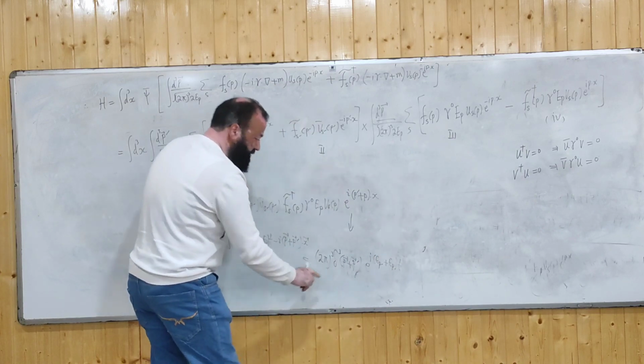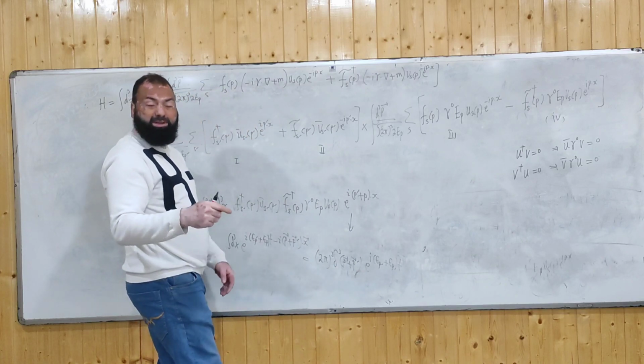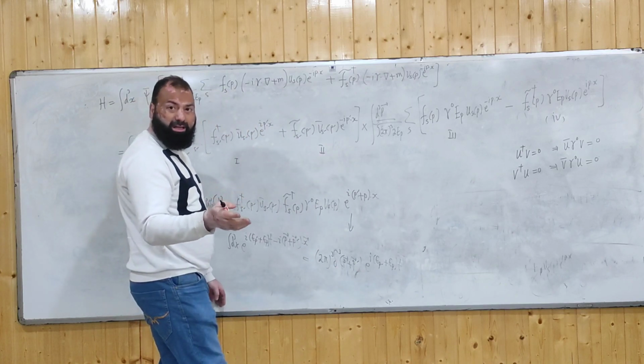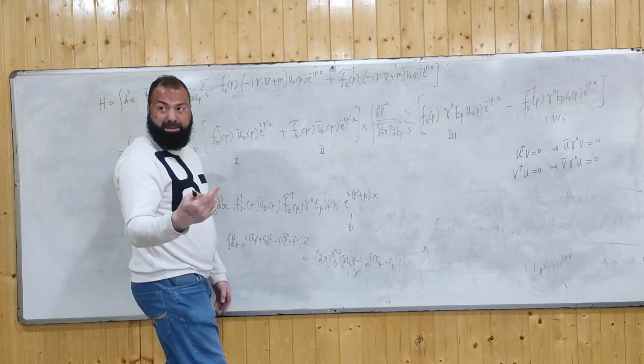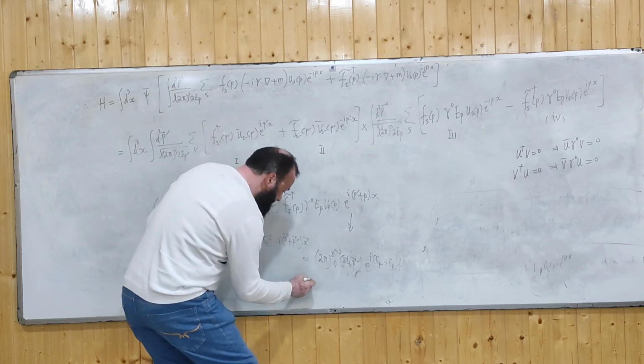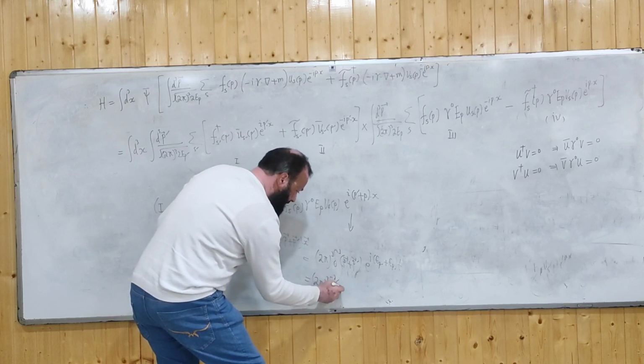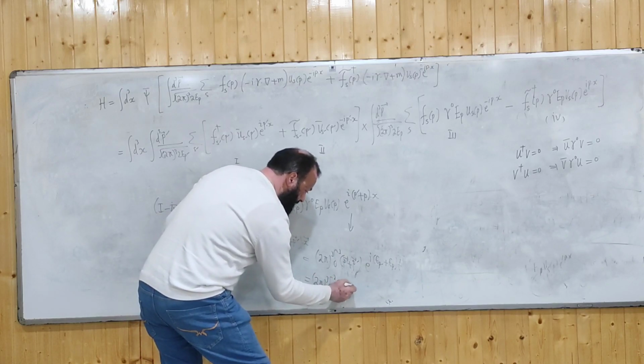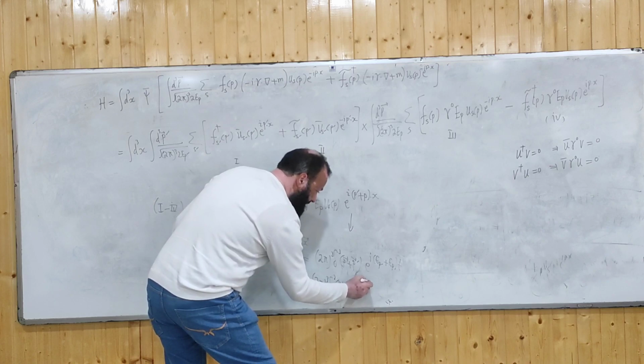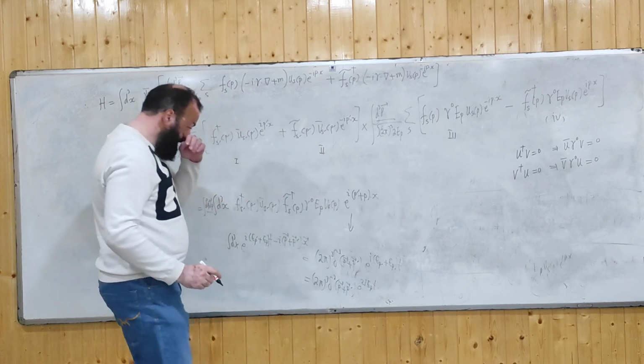This forces p prime to be minus p, because ep is root of p square plus m square, so p square and p prime square are the same. So that is simply 2 pi cube delta 3 of p plus p prime, e raised to twice i ep t.